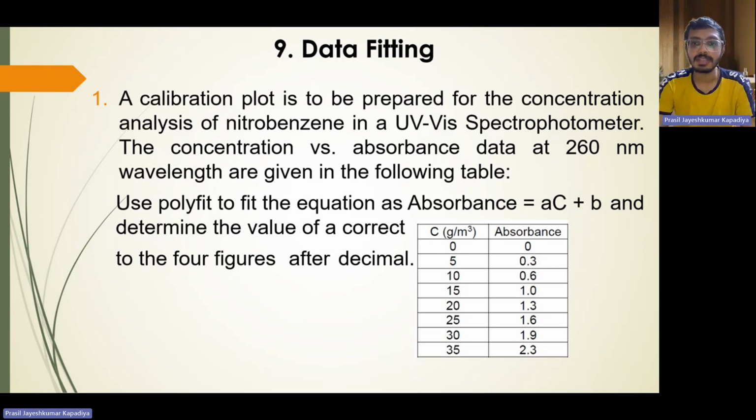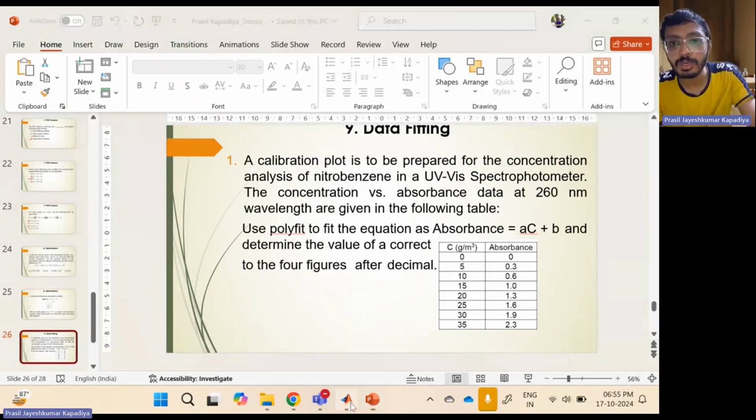The concentration versus absorbance data at 260 nanometer wavelength are given in the following table. Use polyfit to fit the equation absorbance equals A C plus B. So I need to find A and B and determine the value of A.